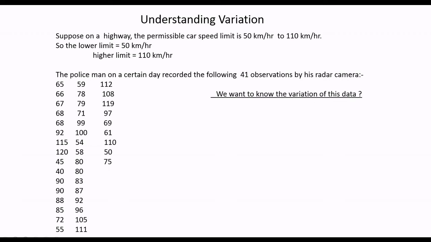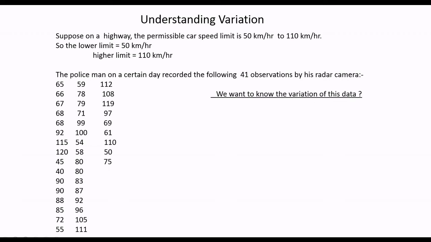Suppose on a highway, the permissible car speed limit is 50 kilometers per hour to 110 kilometers per hour. That means you cannot drive below 50 kilometers per hour and you cannot drive more than 110 kilometers per hour.